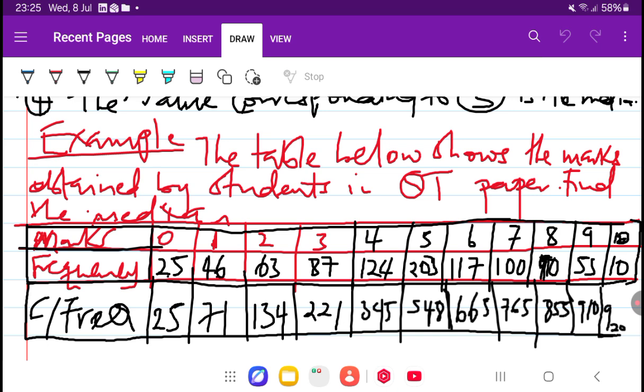Now, one thing that I want to clarify is that if you look at this data set, the marks that we have, if you count the data values that were given to us, they are 10.